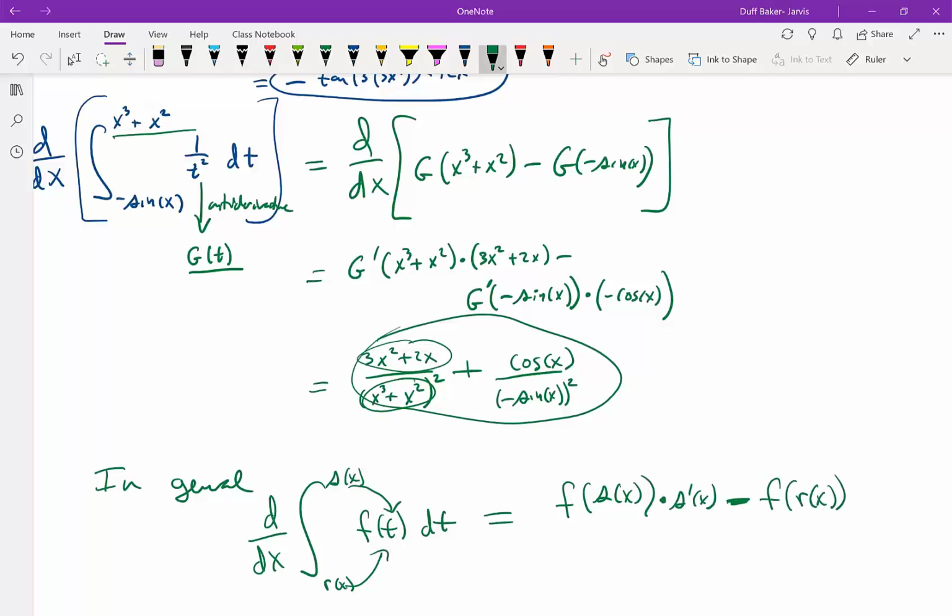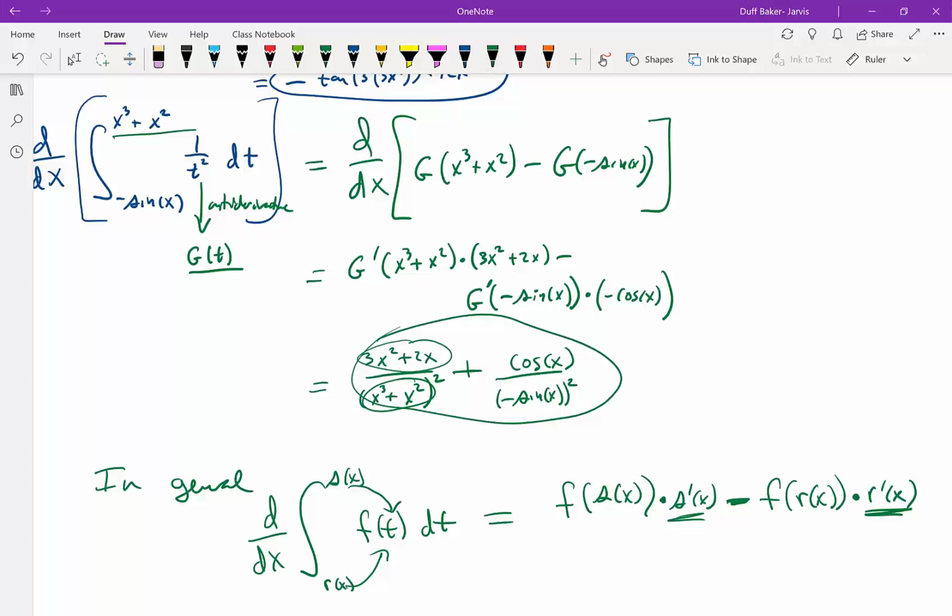So you plug your bottom bound in, but then you multiply by the derivative of the bottom. And sorry, this should be an x. These derivatives are why, if you have a constant on one of the bounds, the derivative of a constant is 0. So those things don't ever show up, right? So that's why the first examples we did only had one term.